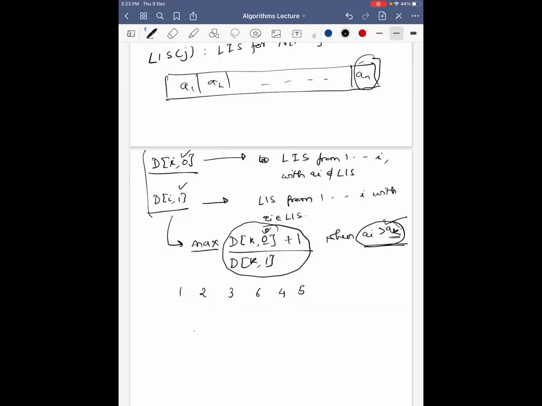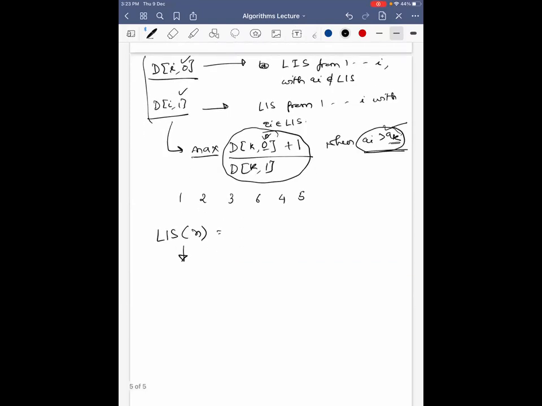So if I define LIS of n as the longest increasing subsequence for A1 to n, then LIS of n can simply be defined as 1 plus the maximum over all those j's with the property that AJ is less than AN.